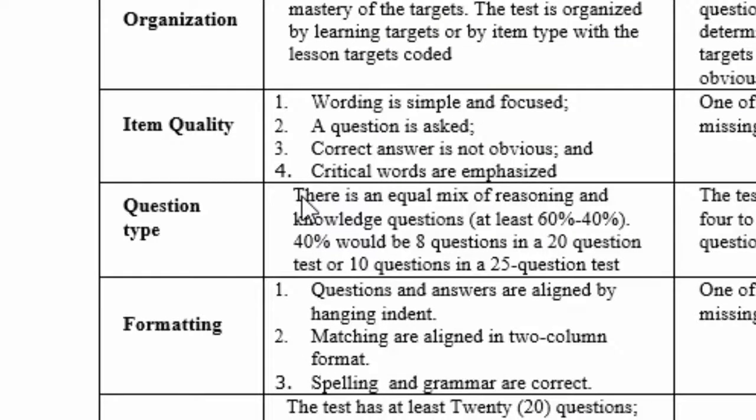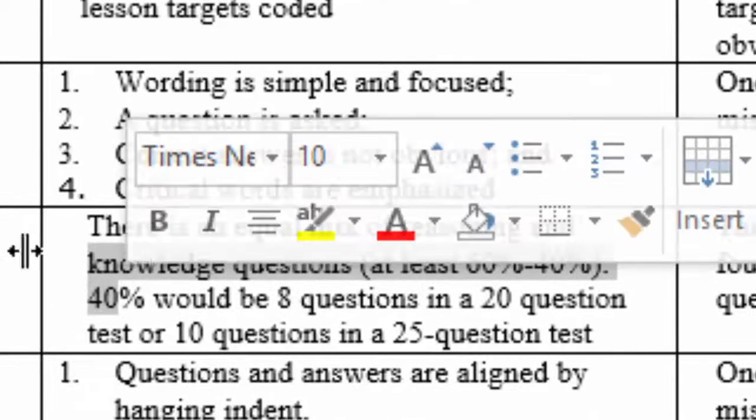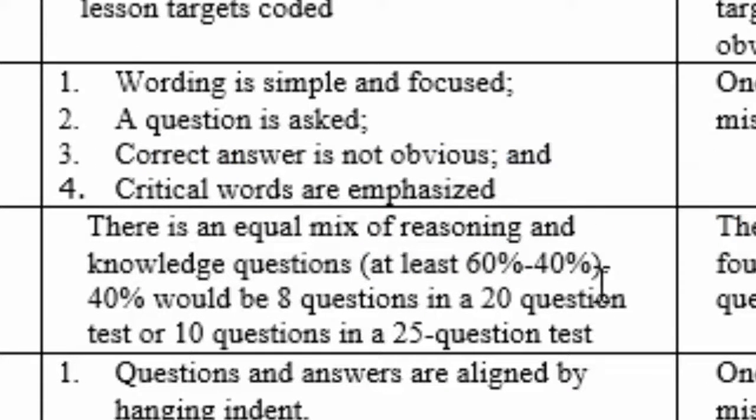To get a distinguished, or a grade of 4, there has to be an equal mix of reasoning and knowledge questions. So it has to be at least 60-40; when I say an equal mix, 60-40 is okay. If 40% have to be reasoning questions, then in a 20-question test that would be 8 questions, and in a 25-question test that would be 10 questions.